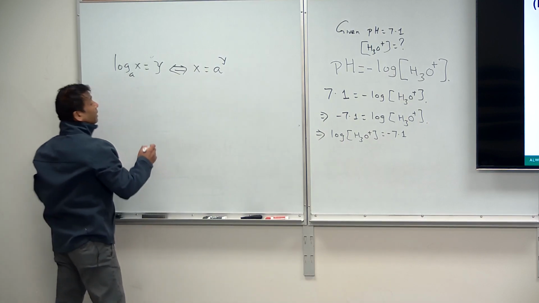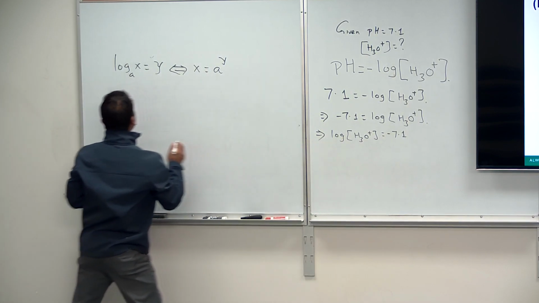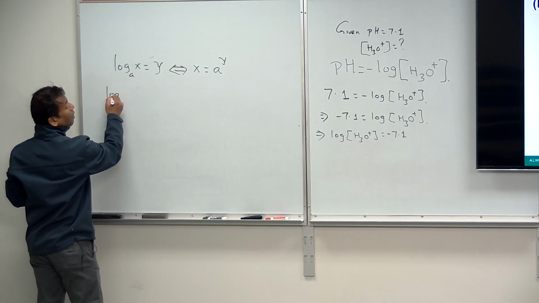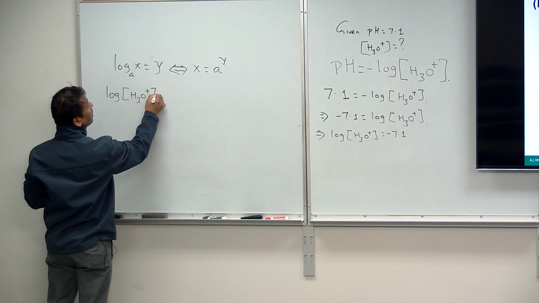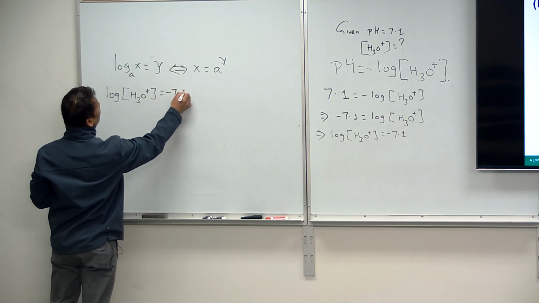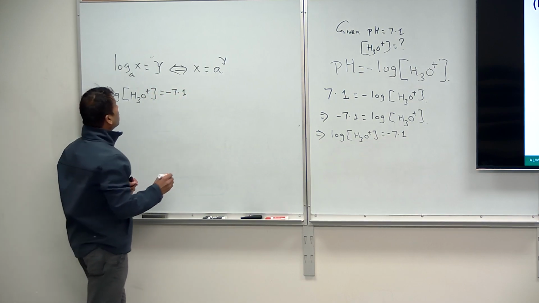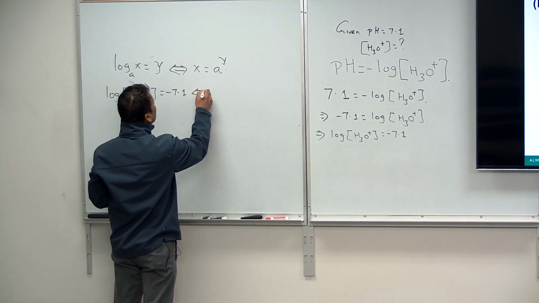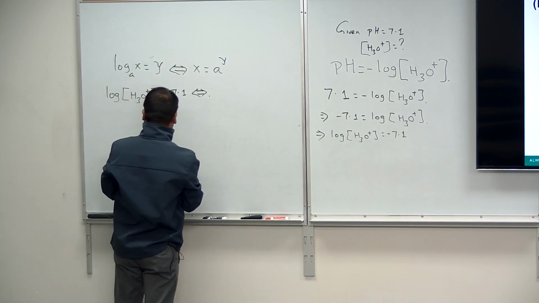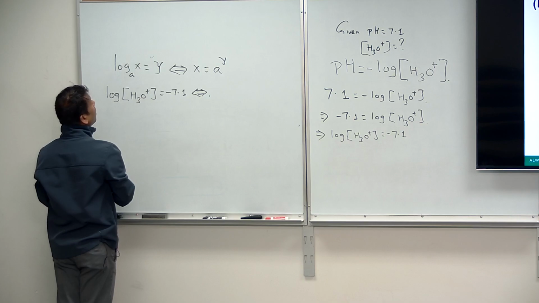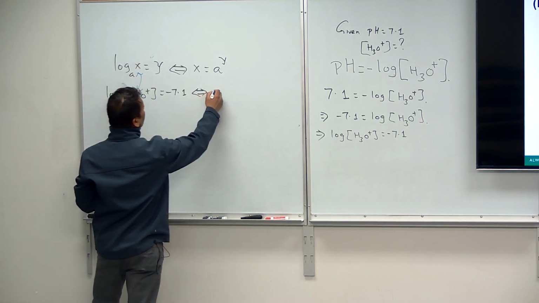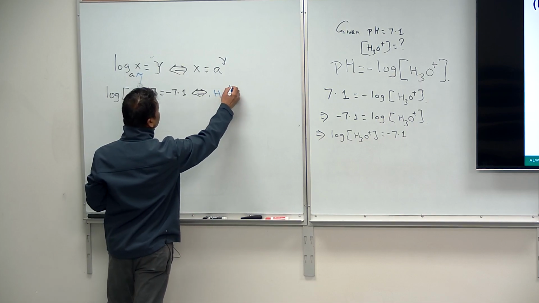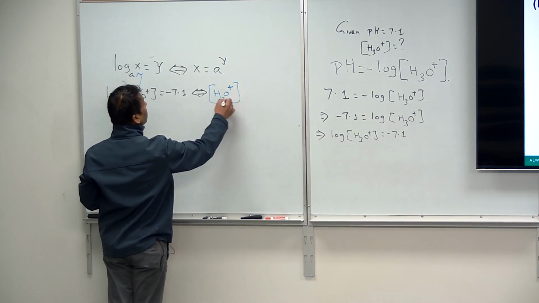What do you have there? You have a logarithm of the hydronium ion concentration equal to negative 7.1, is that right? Now in place of x, you have H3O plus, so you write down here H3O plus.